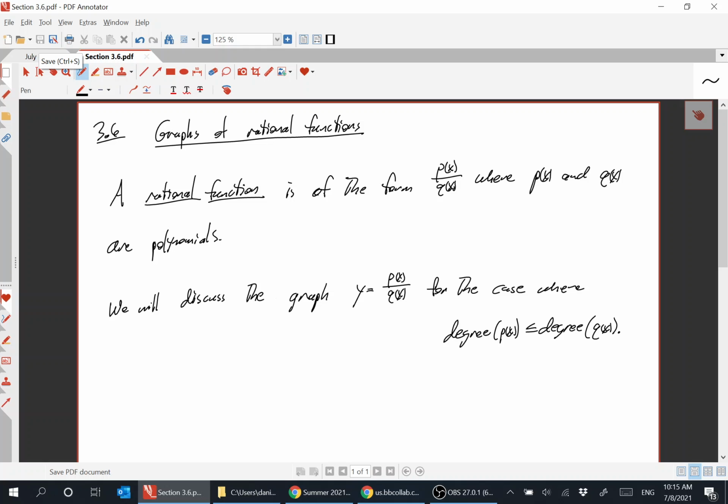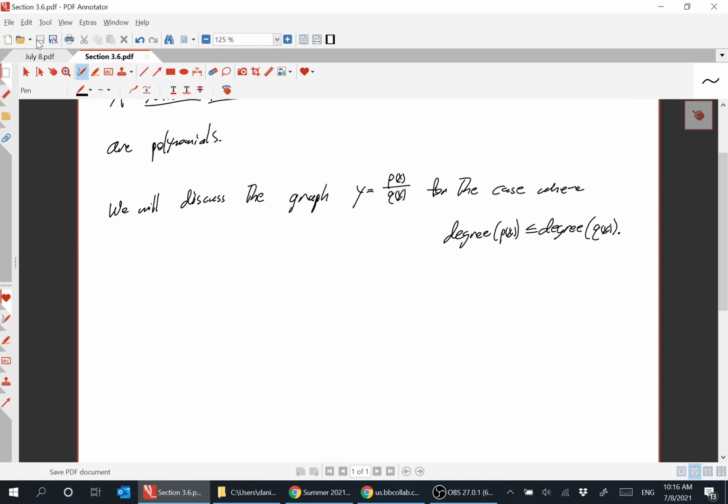And as you recall, we know how to do division of polynomials from the previous section, so you divide p by q, and then you get a remainder whose degree is less than the degree of q. So in that sense, this is the most important case. So we're going to do less than or equal to, but when they're equal, it's very similar to strictly less than.